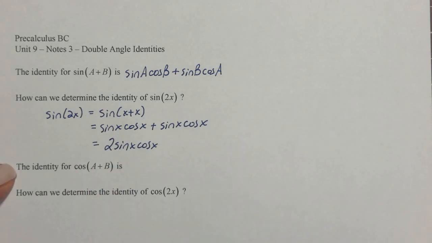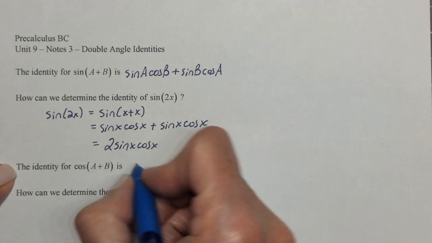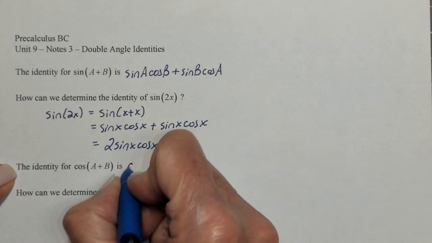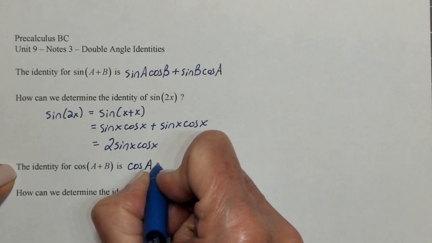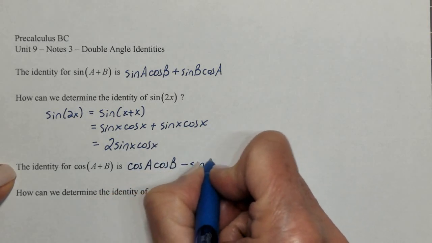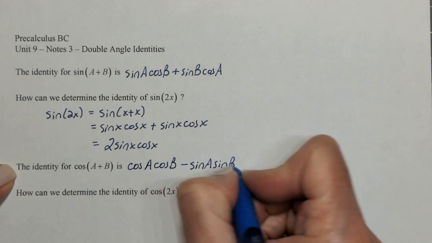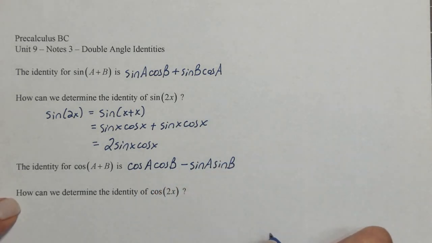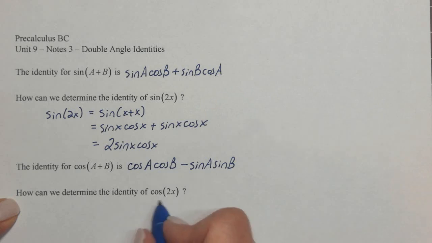What about the identity for cosine of a sum? Cosine of a sum is cosine of the first times cosine of the second minus sine of the first times sine of the second. So what would be the identity for cosine of 2x?